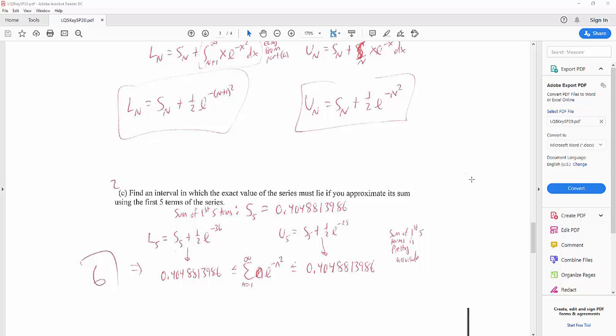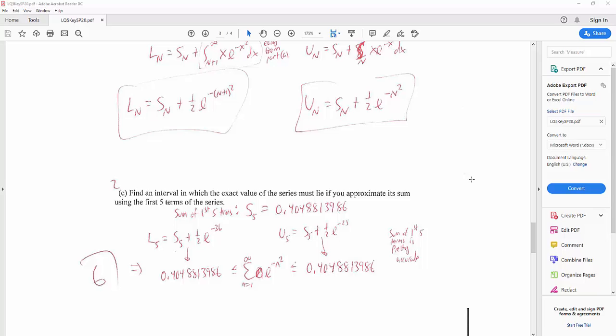And so I know the lower bound is 0.4048813986. The upper bound is 0.4048813986. So I know the sum of the series from n equals 1 to infinity, n e to the negative n squared, I know that sum is somewhere between the lower bound and the upper bound.